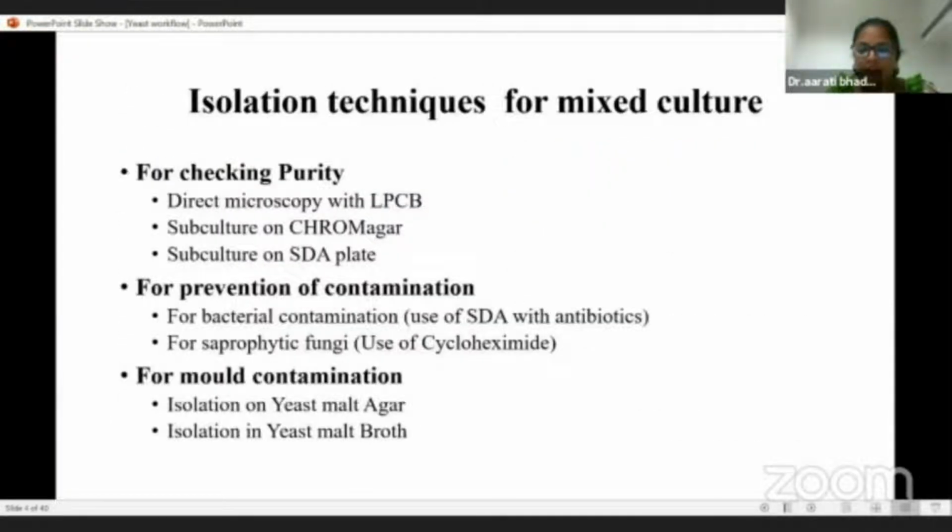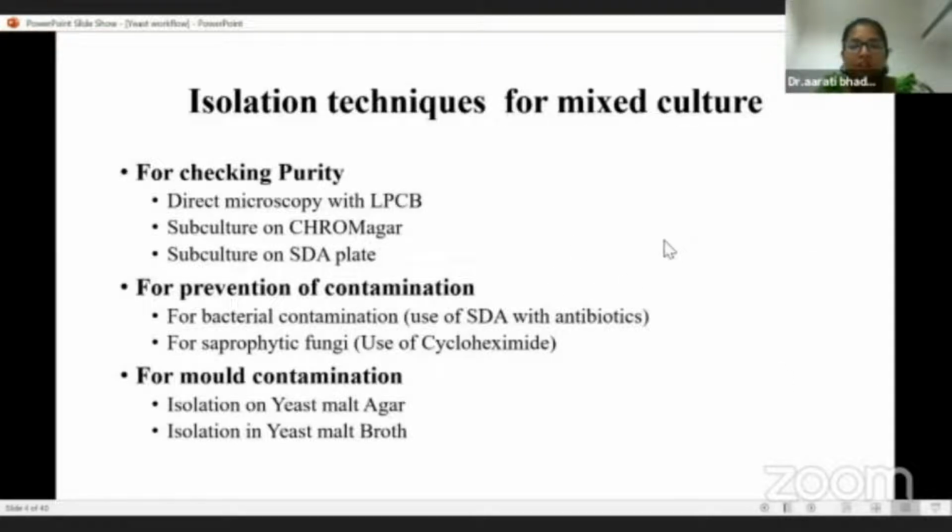Whenever we need to identify any yeast isolate, first we have to check for purity, whether it is mixed or not. For checking purity, we can do direct microscopy with LPCB and check whether any mixed growth is there. Then we can subculture it on the CHROMagar and check for color change, and we can do it on the SDA plate for checking different morphology.